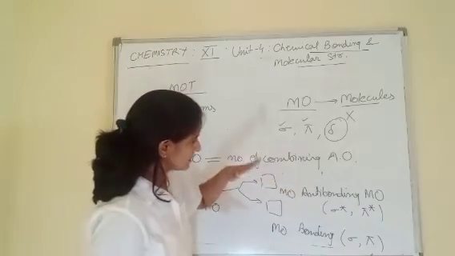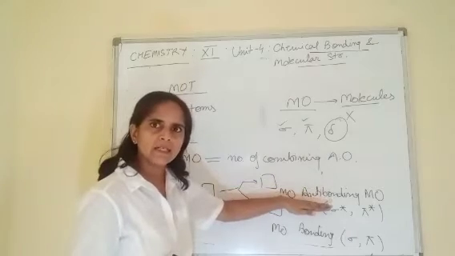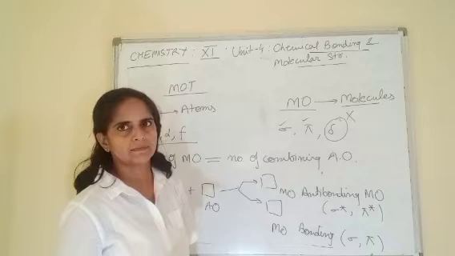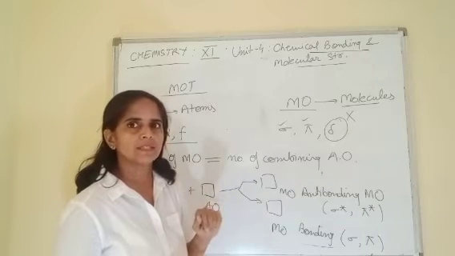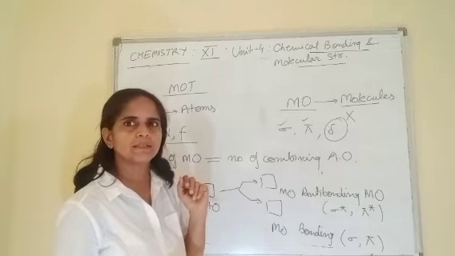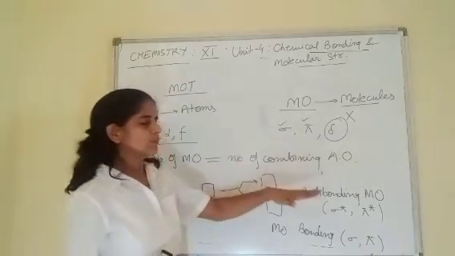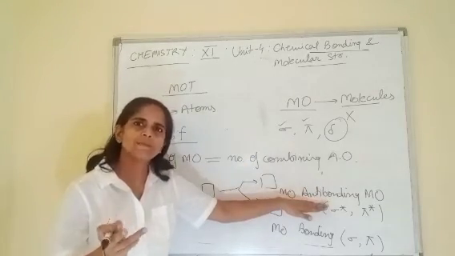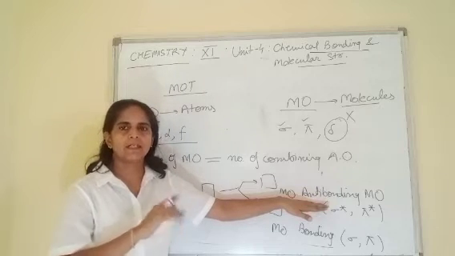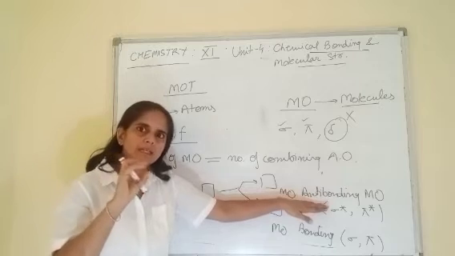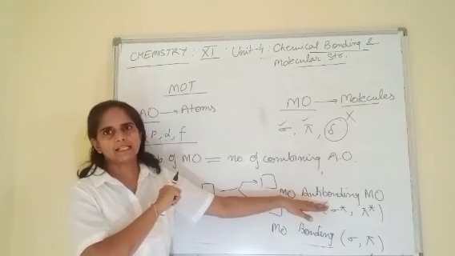That's why the orbital at the higher level is anti-bonding, at the lower level is bonding. Now again next question, which would be more stable? Can you tell me? More energy means more stability or less stability? A very confusing part right now. But again, very simple explanation.